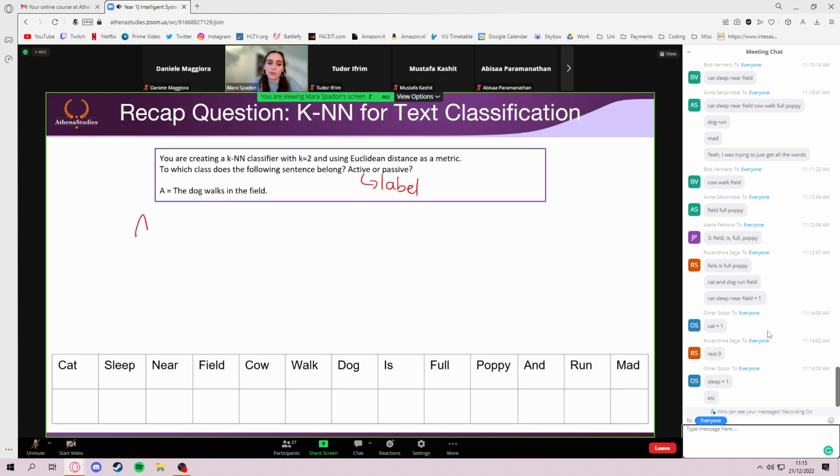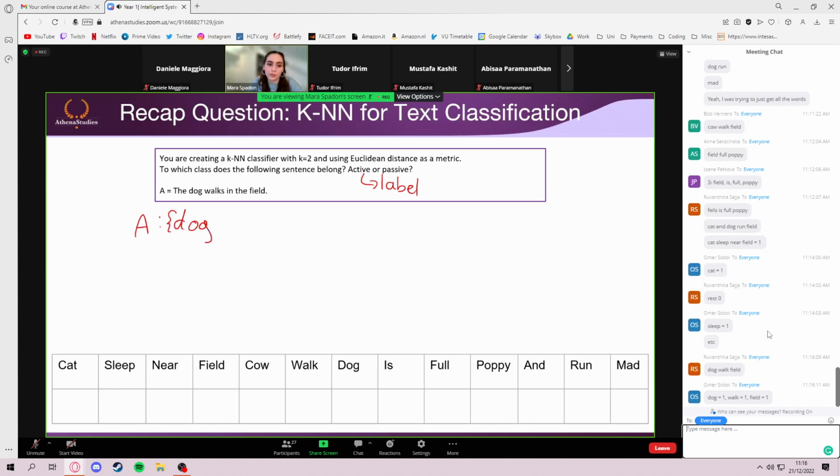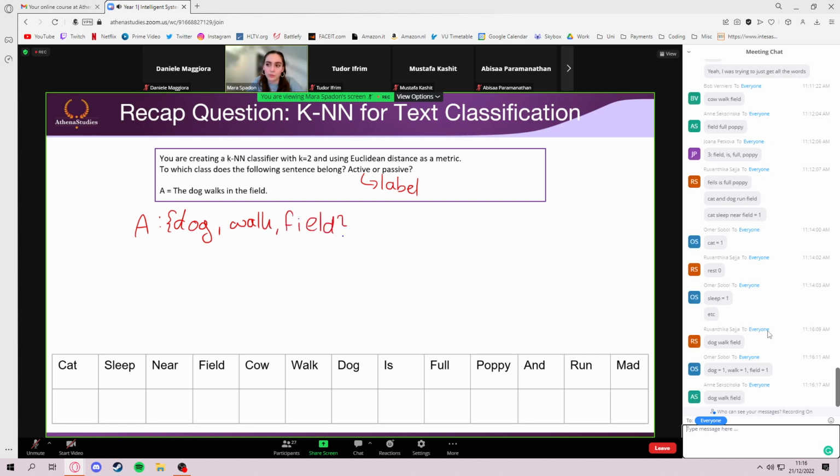So let's do the same for this sentence A. So if we apply the same pre-processing steps, what sentence would we get for this one? The dog walks in the field. Dog walk field, exactly. And then indeed, we would fill in the table as dog walk field.